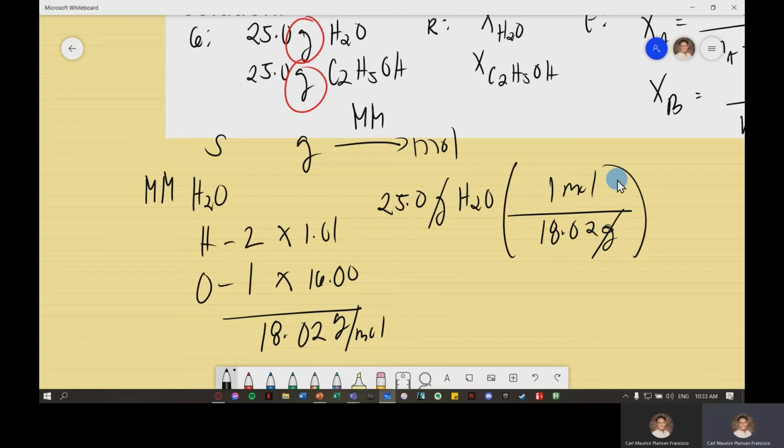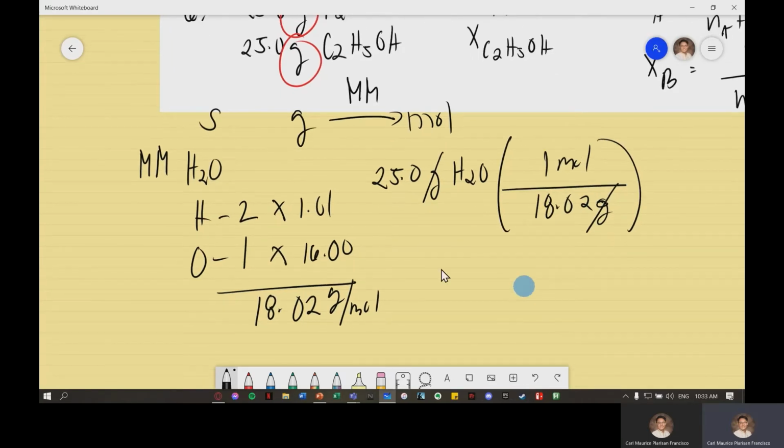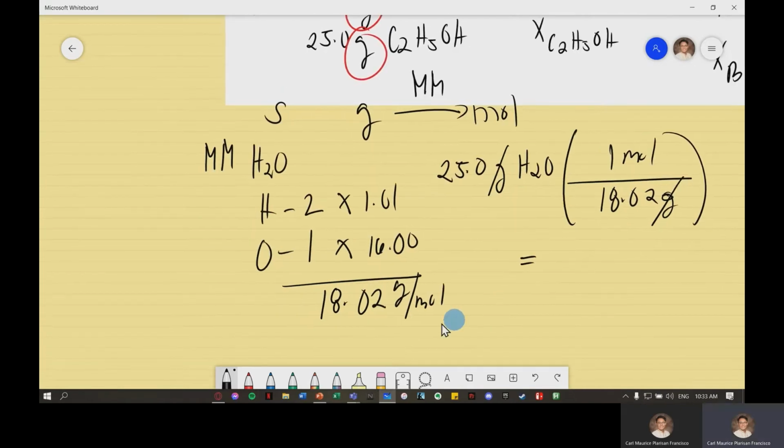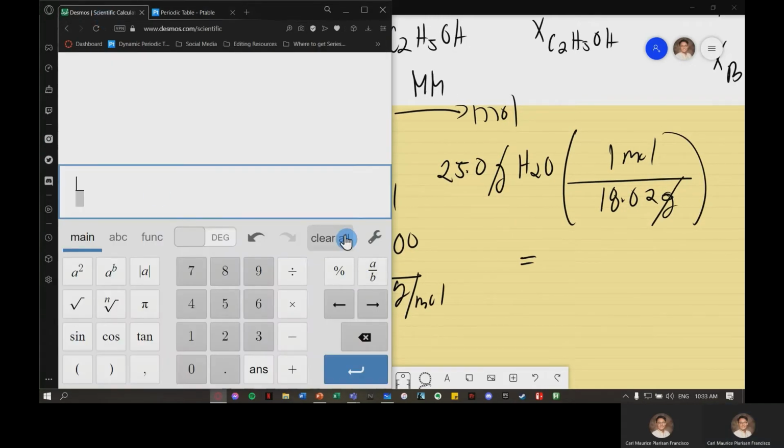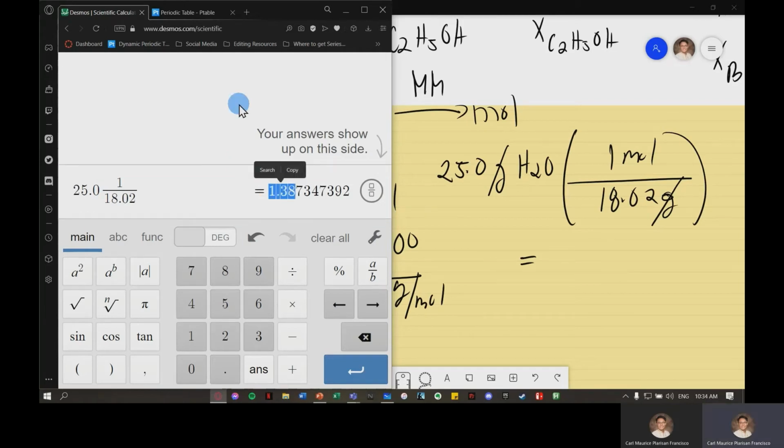Habang ang mole ay nasa taas dahil yan ang required at nakapartner naman siya sa number 1. Input this in the calculator. This would be 25.0, 1 all over 18.02. Round it off according to 3 significant figures according to the given: 1.39.